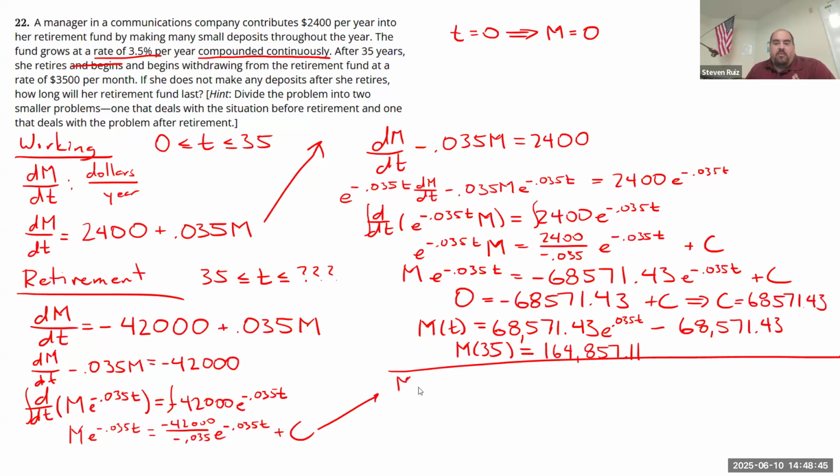So m times e to the negative 0.035 t equals 1.2 million e to the negative 0.035 t plus c. All right, do I have enough information to figure out what c is?